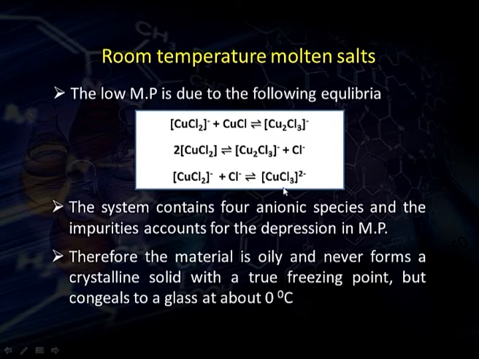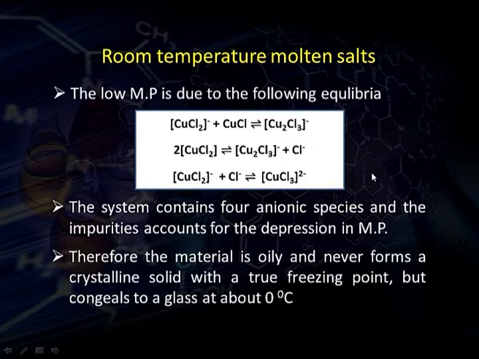So, this system contains 4 anionic species and the impurities, and these account for the depression in melting point. That means due to these 4 anionic species, the melting point is quite low. So, it remains in the melted form at room temperature.